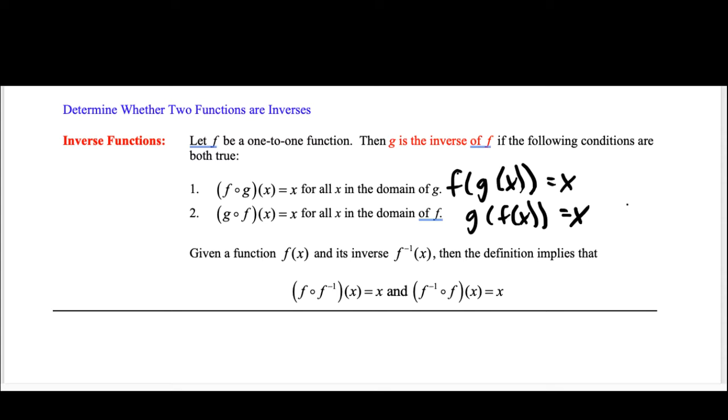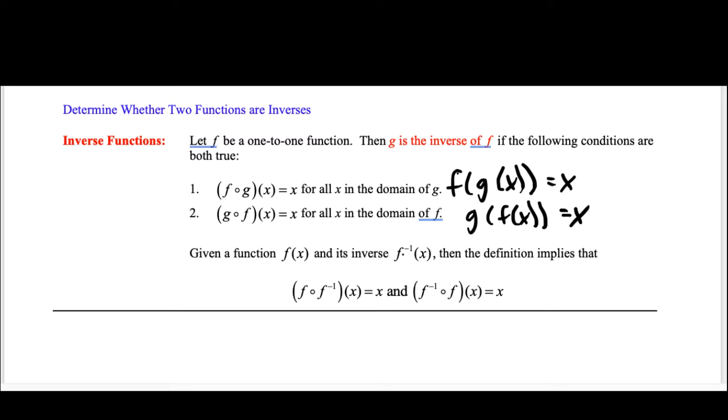So both of these conditions have to be met in order for two functions to be inverses of each other. Also, typically, the notation we use for an inverse function is this superscript notation. It looks like an exponent, but it's really just notation.